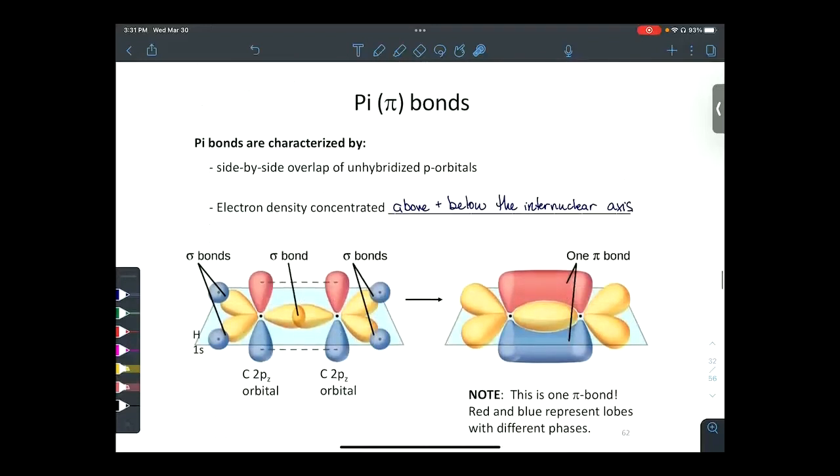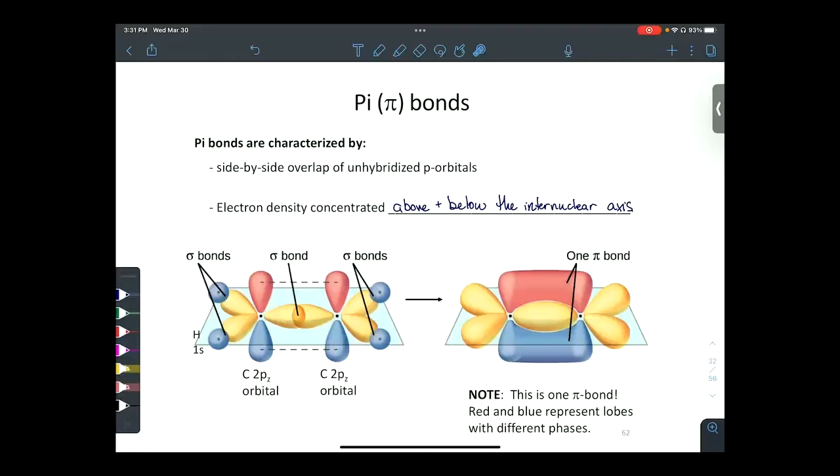All right, so pi bonds. If there's anything you memorize, it's that pi bonds can only be made by unhybridized p orbitals, and sometimes d orbitals. But you can never make a pi interaction with a hybridized orbital, ever, ever. Write that down.